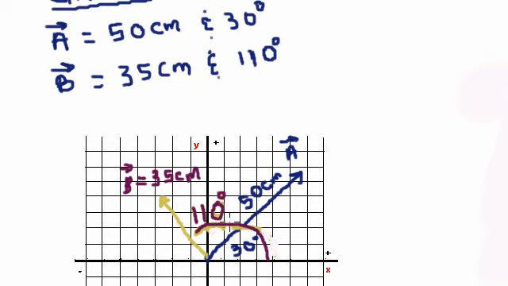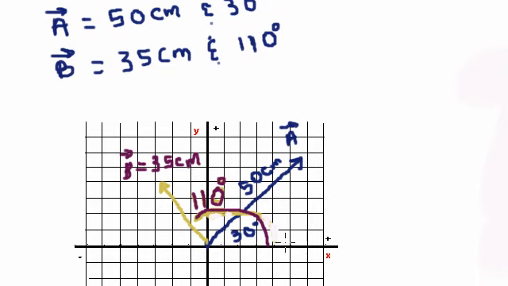Instead of using 110, we're going to find the angle that actually goes right here. To find that, we know that from here all the way over here is 180 degrees, if you remember from math.